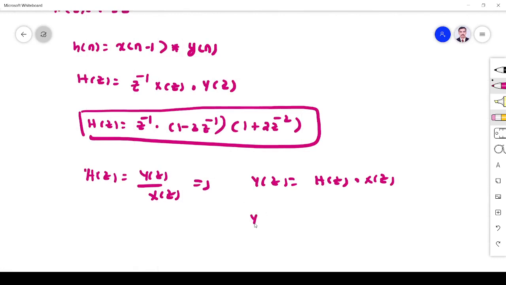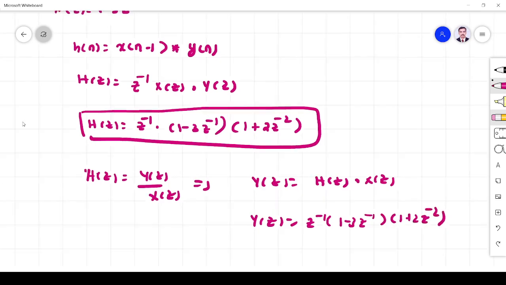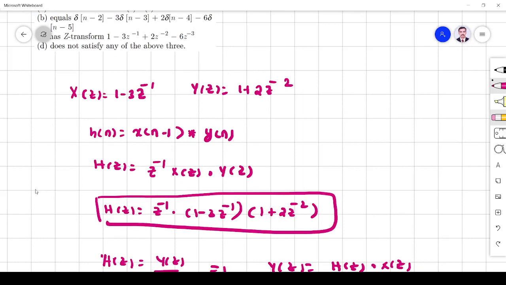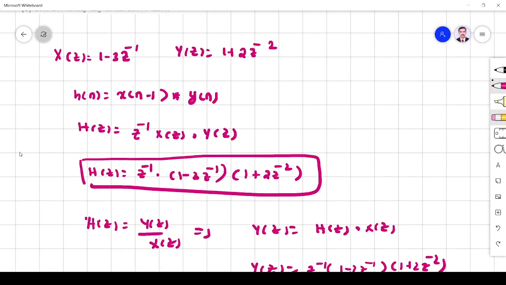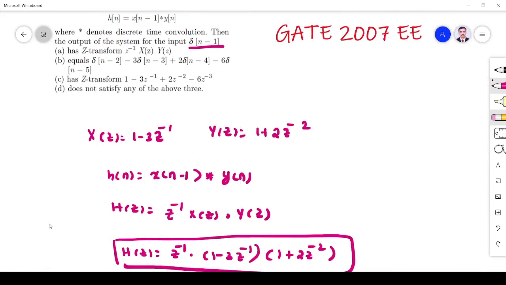So Y(z) is equal to H(z), which is z^-1 (1 - 3z^-1)(1 + 2z^-2), into X(z). Sorry, this is when the input is δ[n-1]. So what is the output?